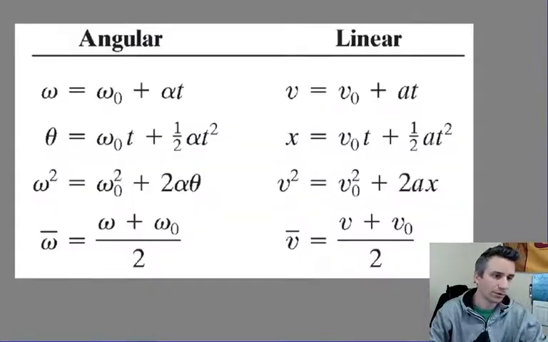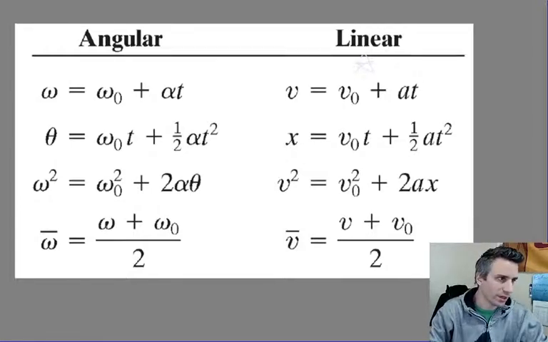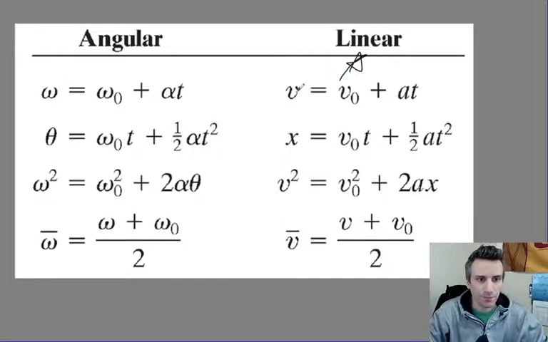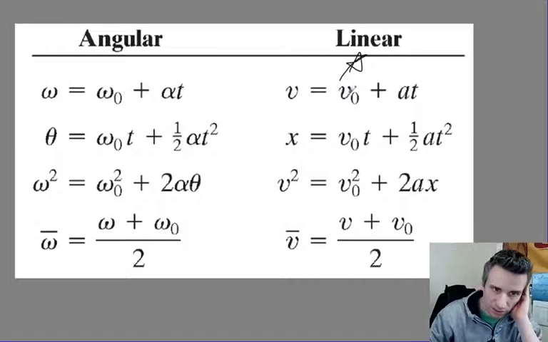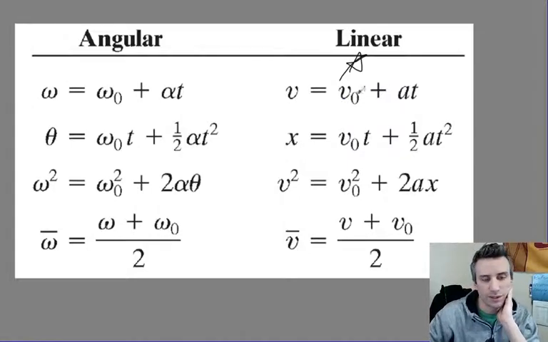So take a look at this. Every single one of our linear equations, as I write in white on white, brilliant. As we look at all of these linear equations, look at how we just make an angular equivalent. So what this means is that in this case, we have an initial velocity, we have an acceleration, and we have a final velocity.